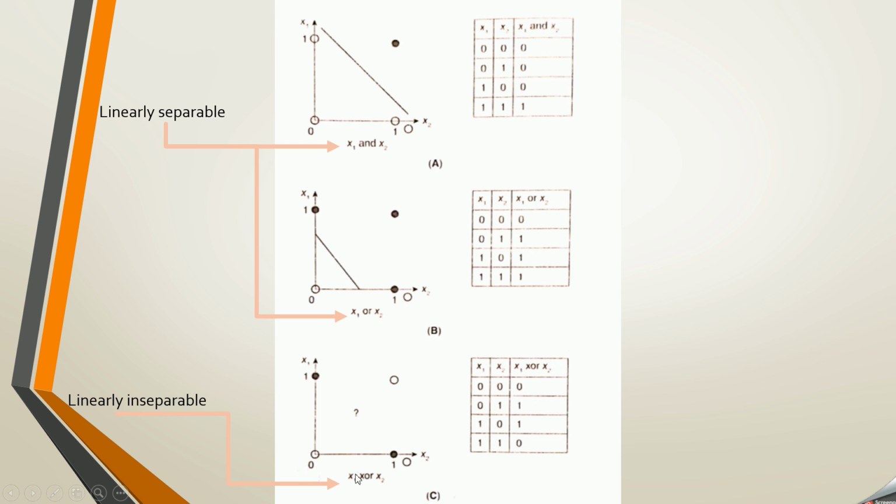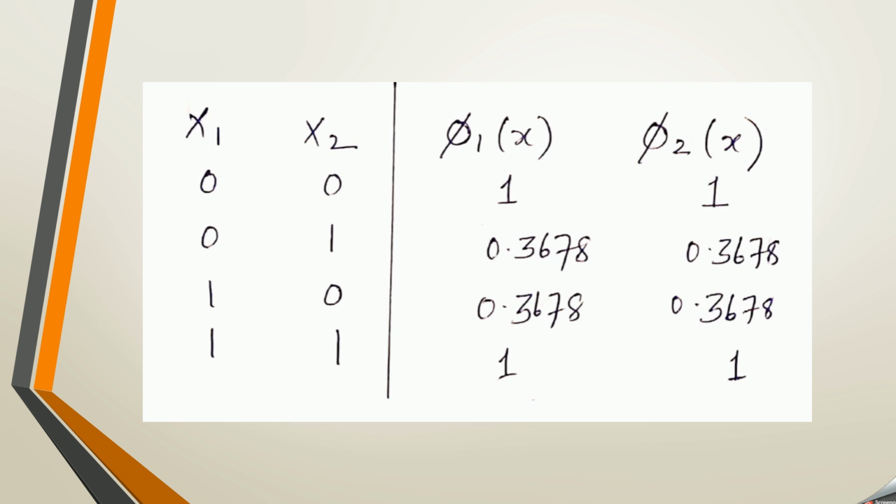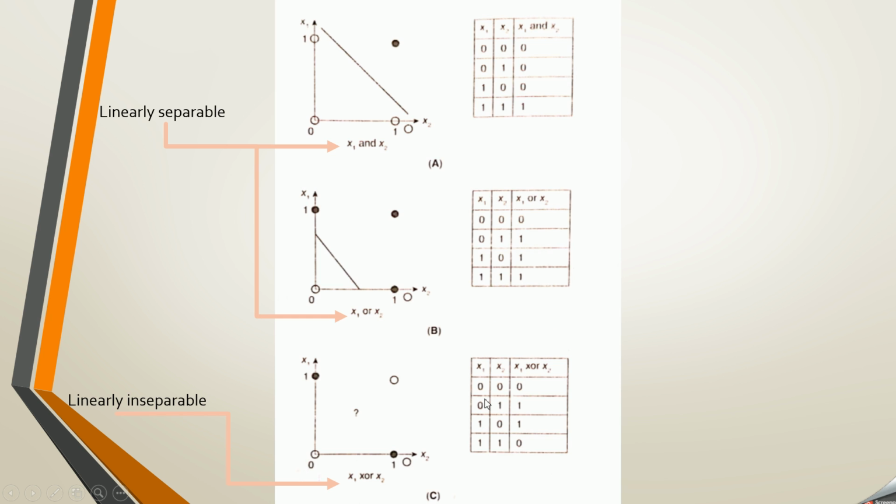We will solve this problem with the help of RBF, that is radial basis function. For this linearly inseparable problem, we will try to come to a conclusion on how we can achieve linear separability. If you see the XOR table, the inputs are 0,0, 0,1, 1,0, 1,1, and the outputs are 0, 1, 1, 0.